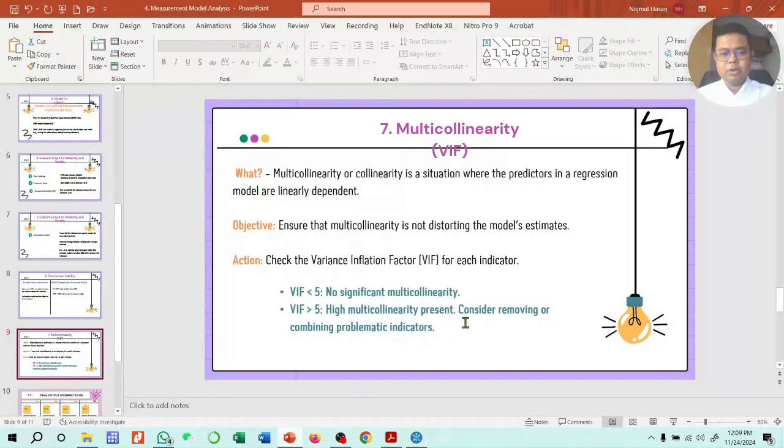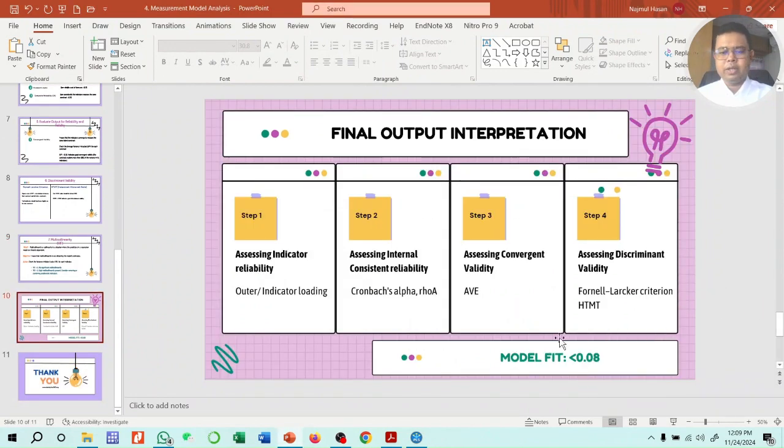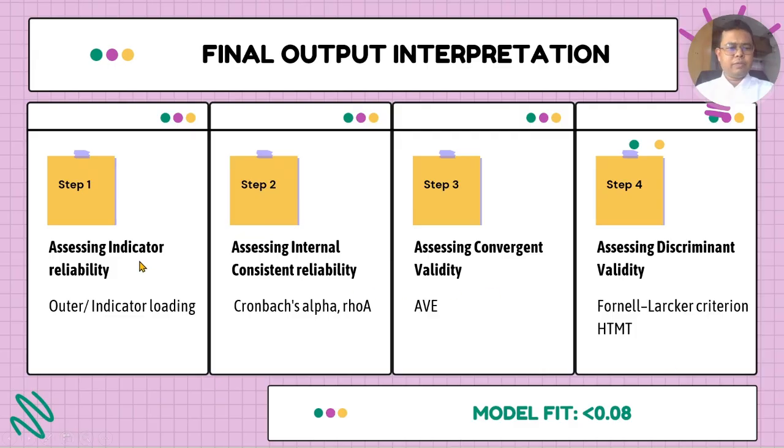Okay. So which is the last one? This is the last one. In this measurement model, we checked the outer loading or indicator loading, or in some cases we can say the factor loading, right? All the factor loadings were greater than 70%. Two factor loadings were less than 70%, and we deleted those items from the model, right?